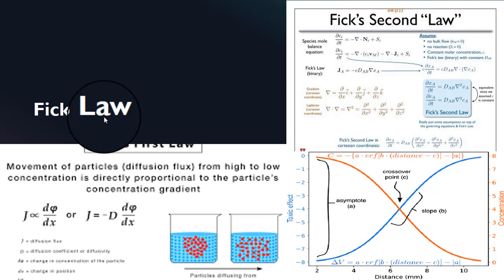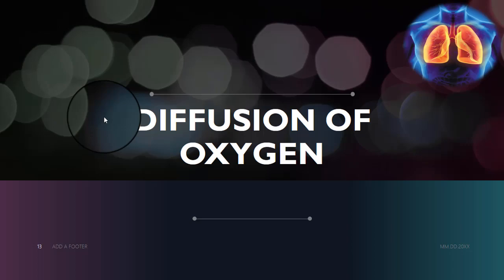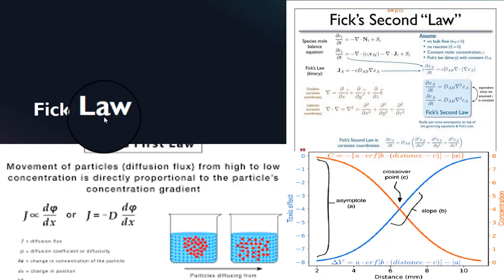However, this means that in disease states which impair the ability of the lungs to adequately ventilate with oxygen, oxygen exchange is often compromised before that of carbon dioxide. So this was all about Fick's law.